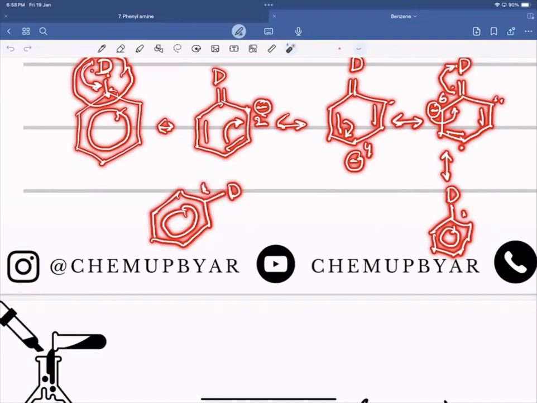It induces a positive charge in the system, and that positive charge circulates in these 3 positions only. At those positions, the negative charge density decreases. So if the electrophile is coming, it would always be attracted to the other positions, because the rest of the 3 positions have a positive charge.